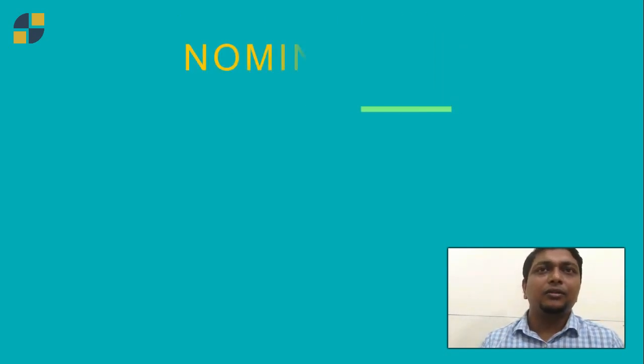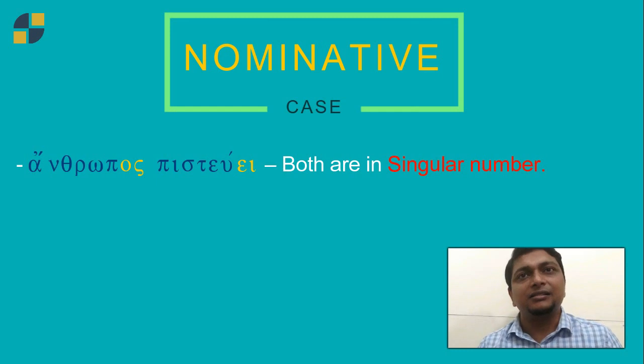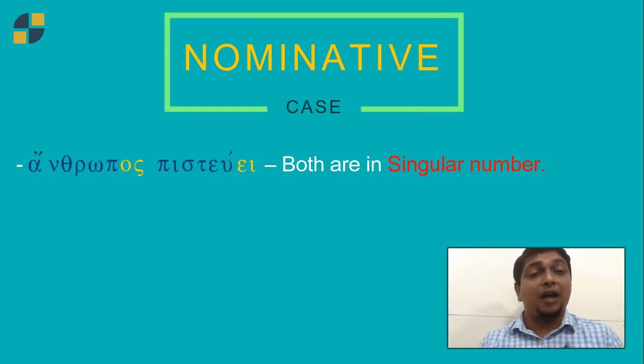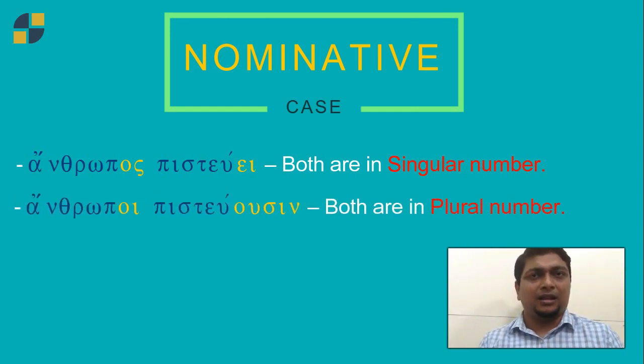Now, we see anthropos and pisteuei in the first sentence are both in singular number. In the second sentence, anthropoi and pisteuousin are both in plural number.